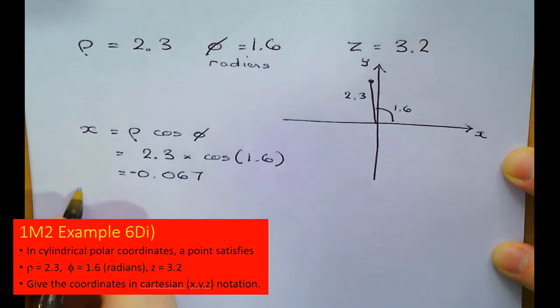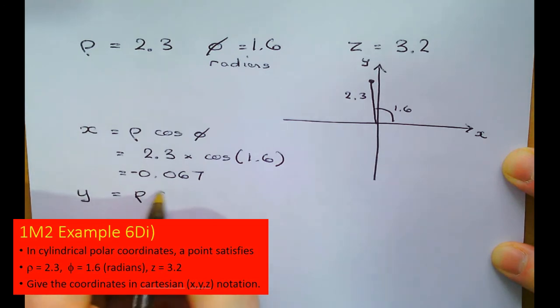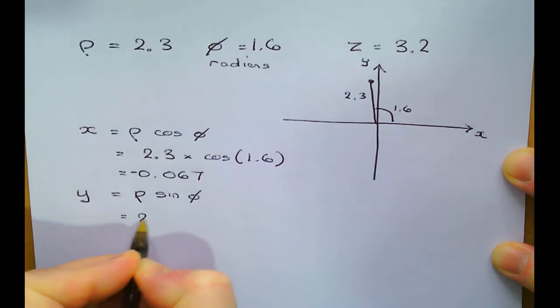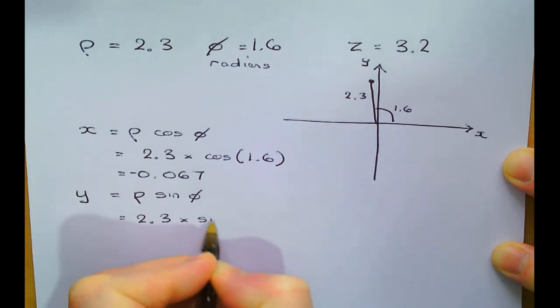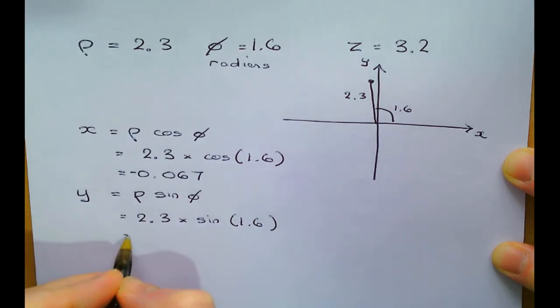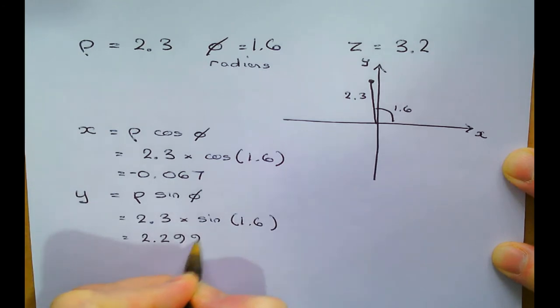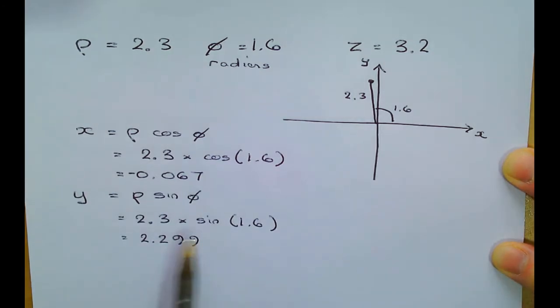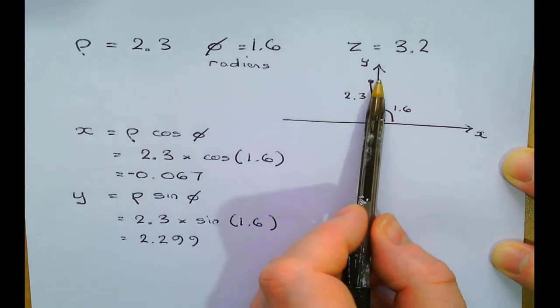0.067. Y is given by rho times sine theta. So we have 2.3 times the sine of 1.6 radians. And that gives us 2.299. We look at the results there, and of course, if it was 2.3 straight up, we'd have 2.3.